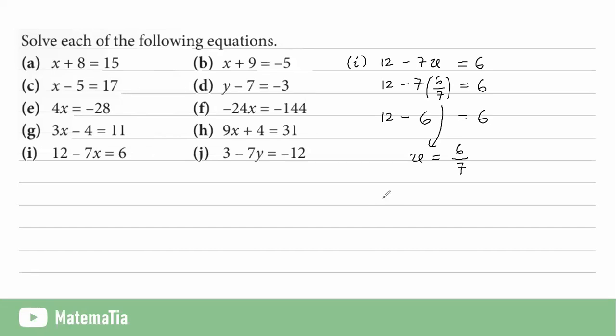Now I'll show you how to find the solution by using the second method. So here we have to get rid of this number by subtracting 12, because 12 minus 12 is equal to 0, right? And then because we subtract 12 from the left-hand side, we have to do the same on the right side.